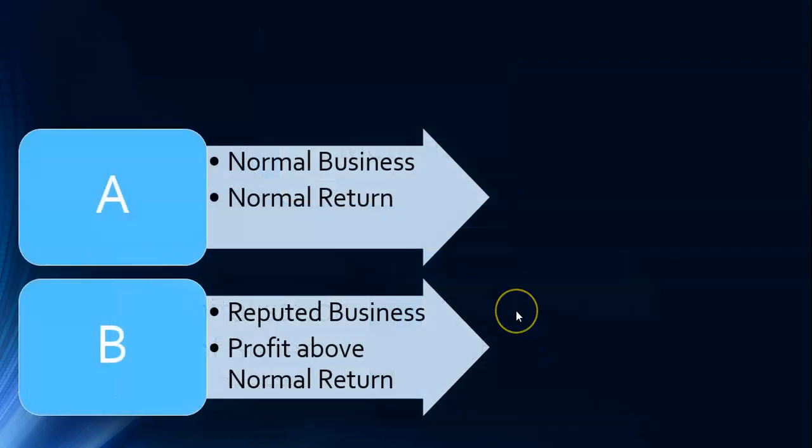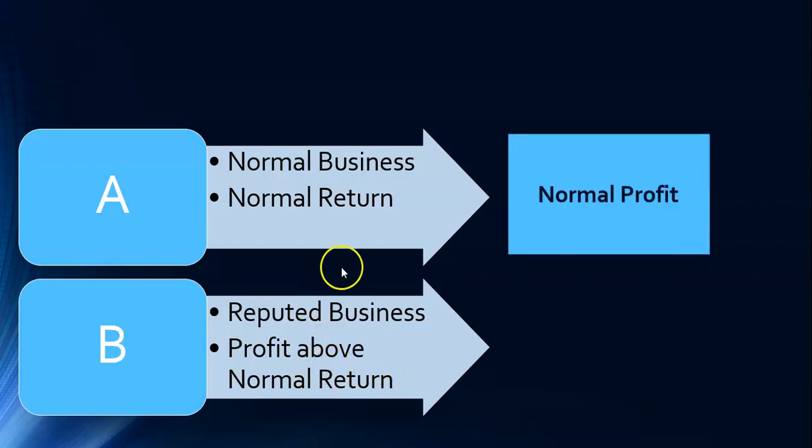Okay. For understanding this, here we have two companies, company A and company B. Company A is in normal business and here we are assuming that there is no benefit of goodwill. So the returns are very normal, right? Company B is a very reputed business and the profit is above the normal profit.